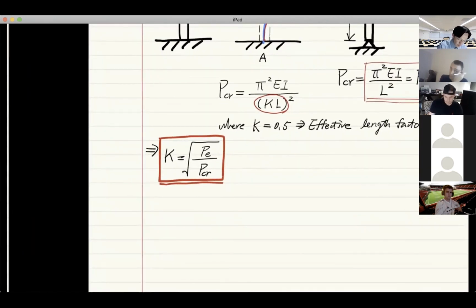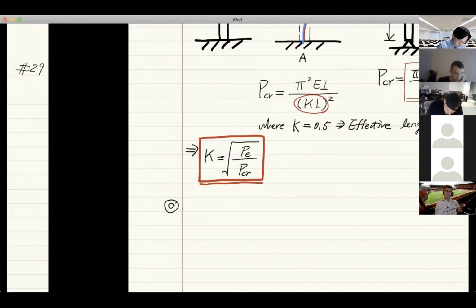Another way we can also use this effective K is, suppose in the problem you are provided with the effective length factor.